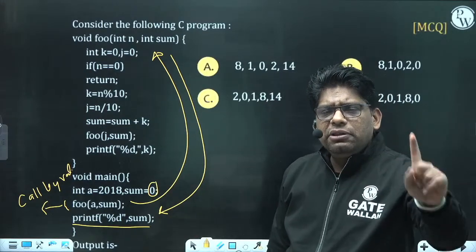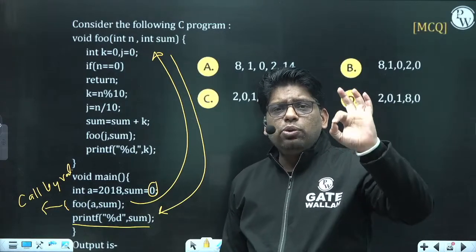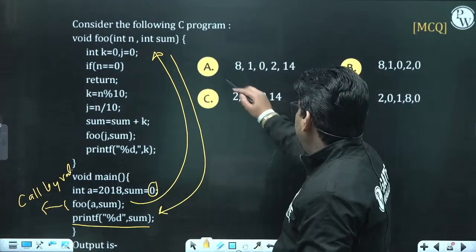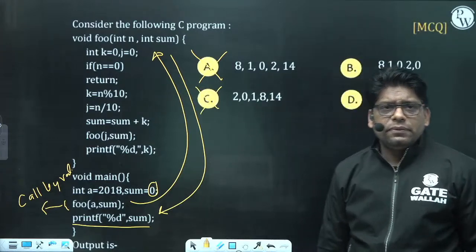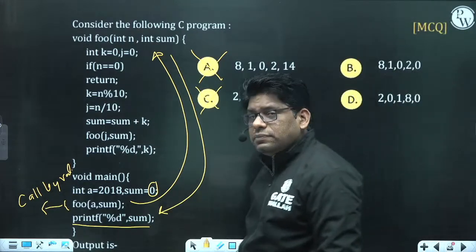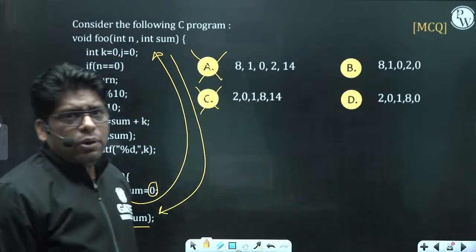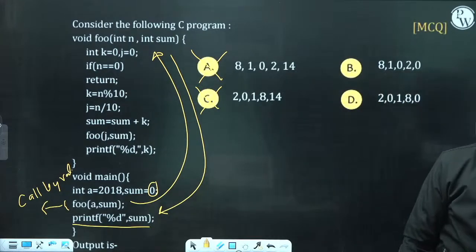That is why one thing is for sure, the last value that is printed by this code is 0. If it is true, that means A and C cannot be the right answer. Satisfied? Agreed or not? Done, sir.